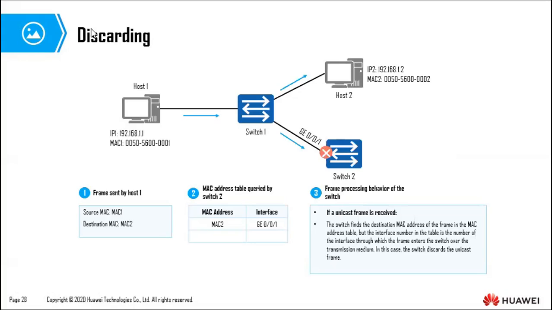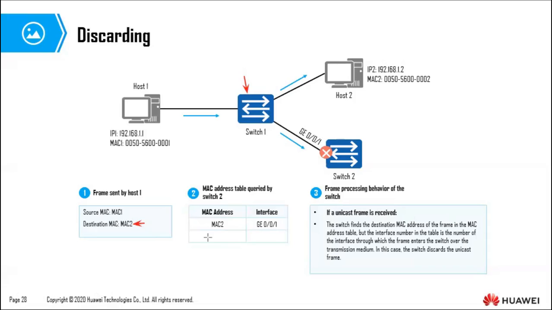Okay, so here, host 1 wants to send to host 2, and therefore the destination MAC address is going to be host 2's MAC address. Now, switch 1 receives that particular frame. Switch 1 then searches its own MAC address table for the destination MAC address of the frame.